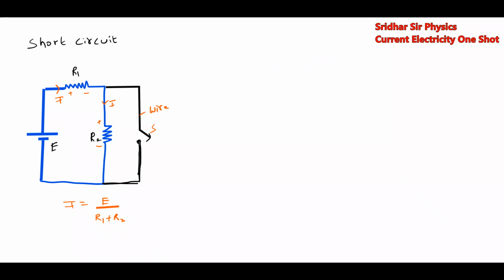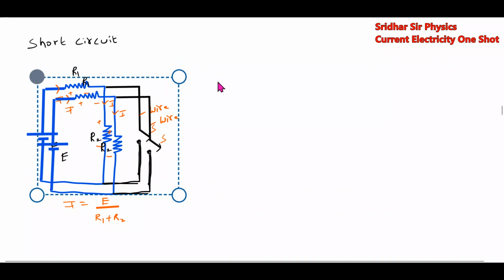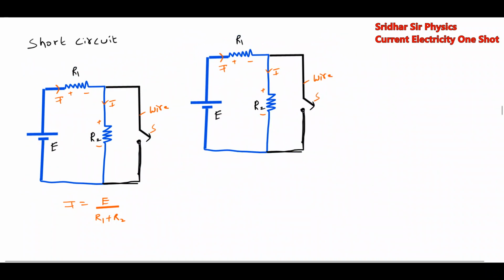We'll see what conditions will arise. Then these terminals will be AB. What is the resistance of the wire AB? 0. Very low resistance, which we approximate to be 0. Then any resistance in parallel with this, the effective will be 0 only. 0 ohm in parallel with any other resistance, the effective will be 0 ohm only.